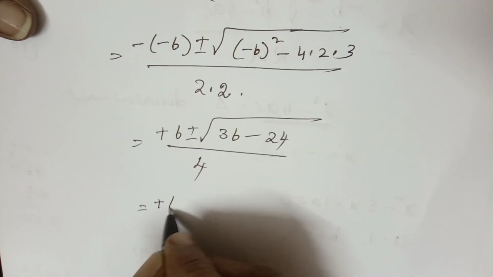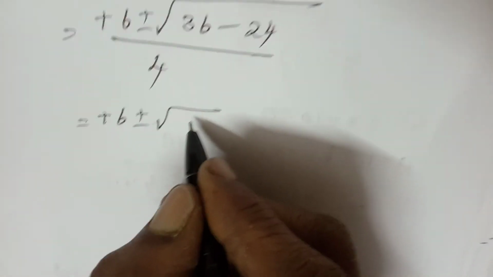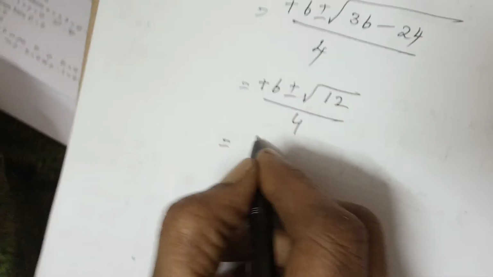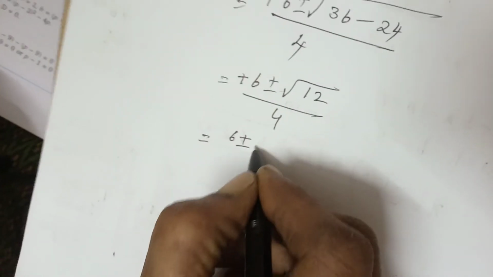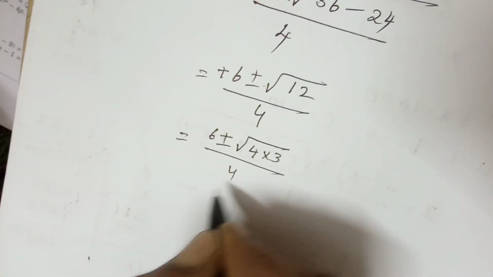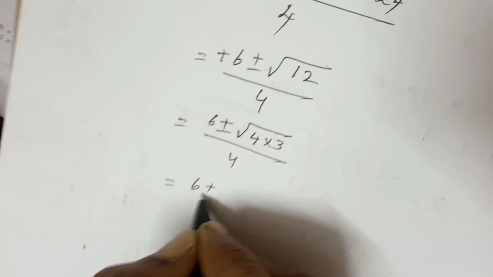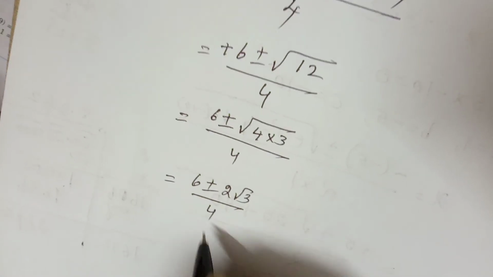So plus 6 plus or minus root of 36 minus 24, so 12, by 4. That is 6 plus or minus root of 12. 12 we can write as 4 into 3, so root of 4 root 3 by 4. Now 6 plus or minus, when the 4 comes out, 2 root 3 by 4.